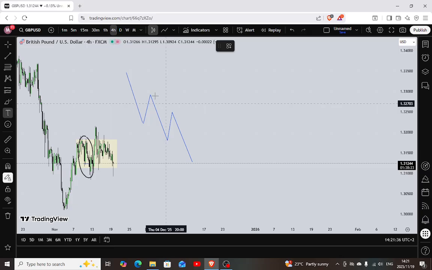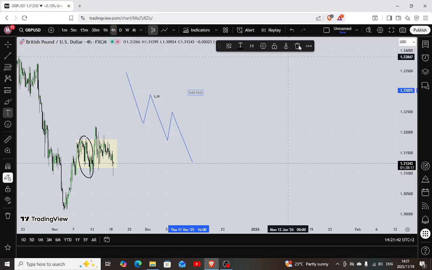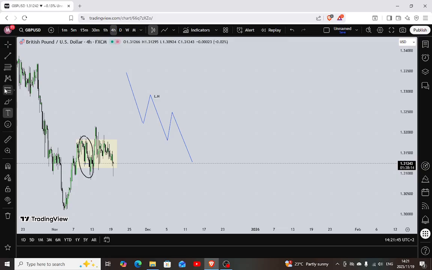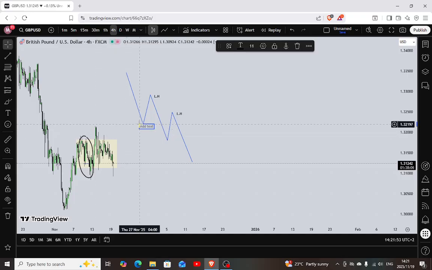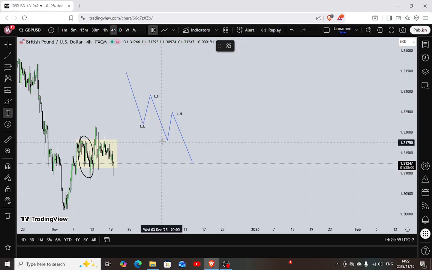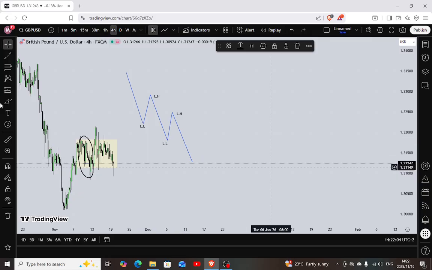I want to mark each and everything properly. Where you have your lower highs, and then on the downside you have your lower lows. Right, you have your lower lows there.